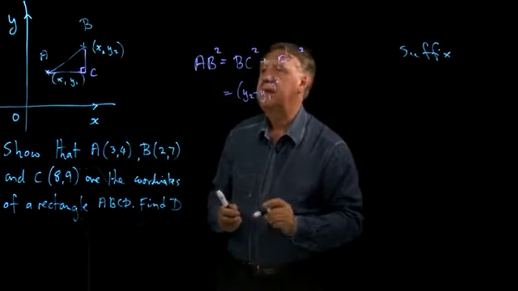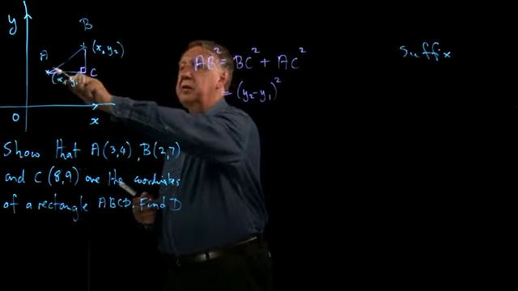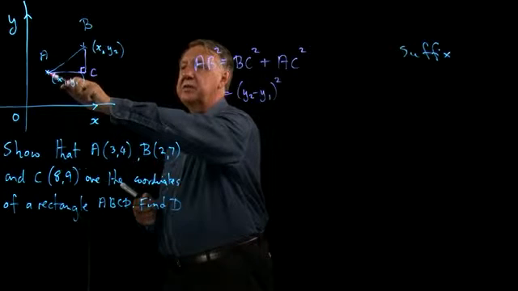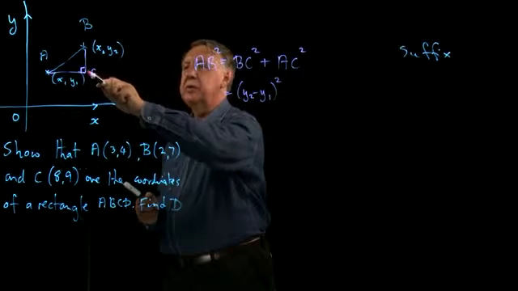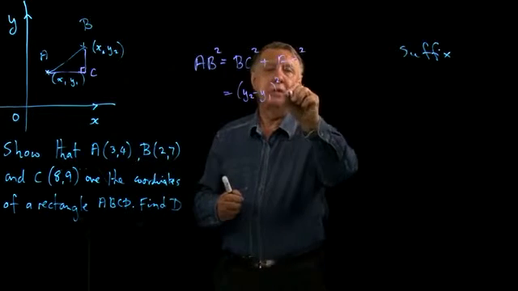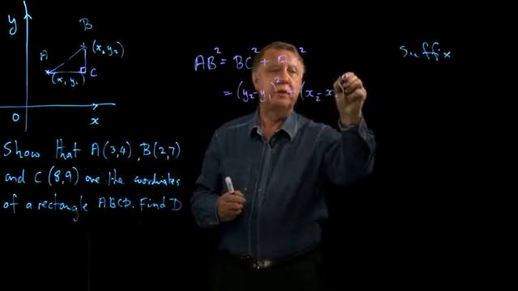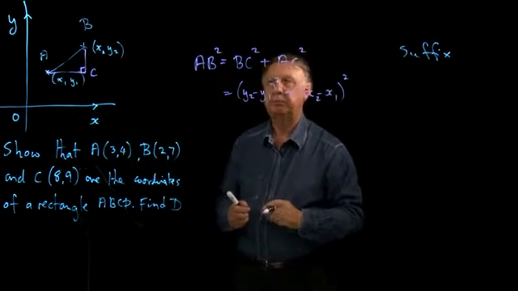Okay, well AC is of course the horizontal distance, which is going from this value of x as x1 along to this value of x, which is x2. So AC will be x2 minus x1, and we square that.